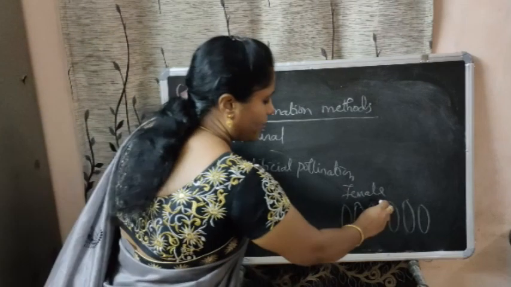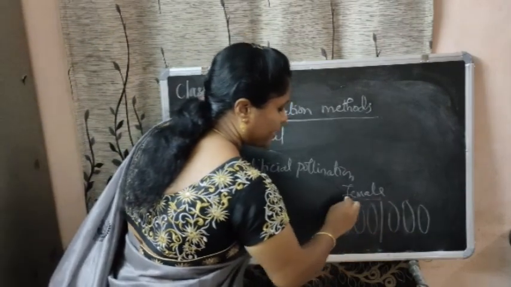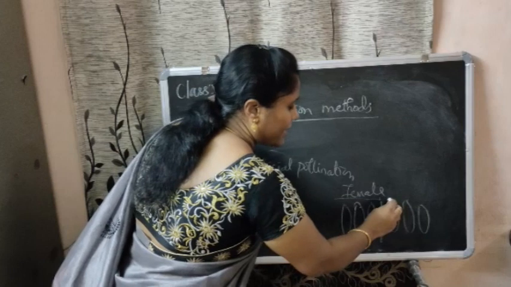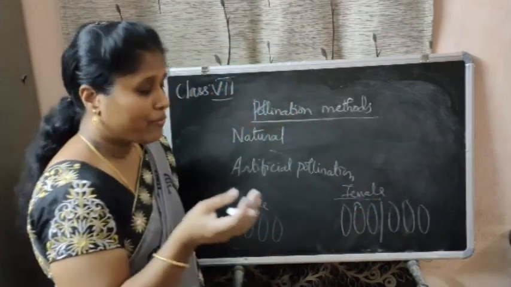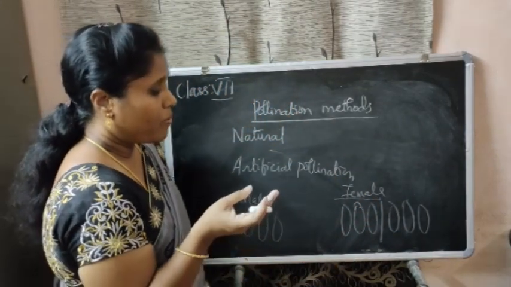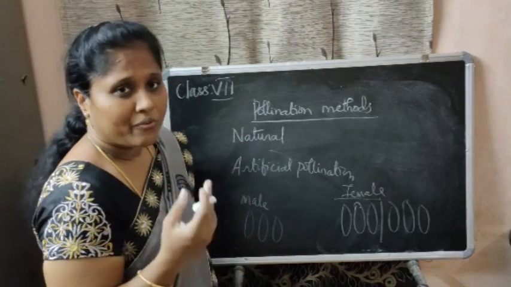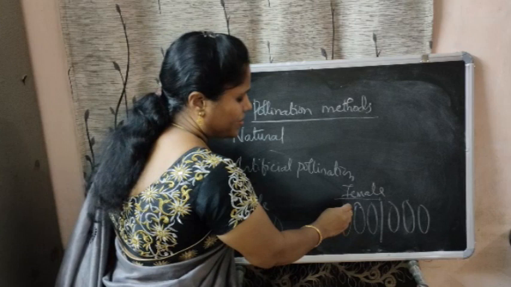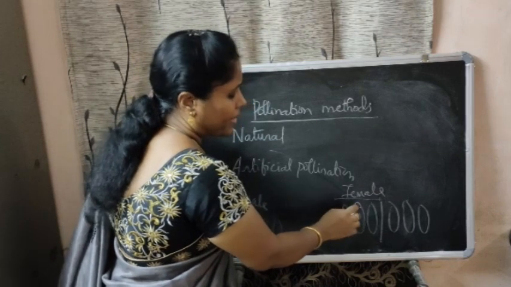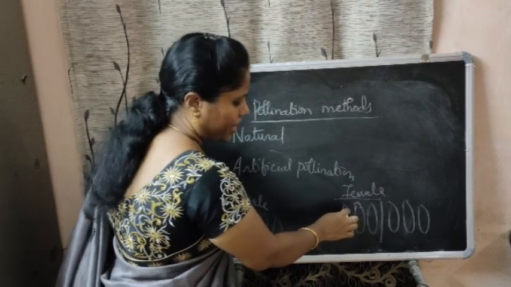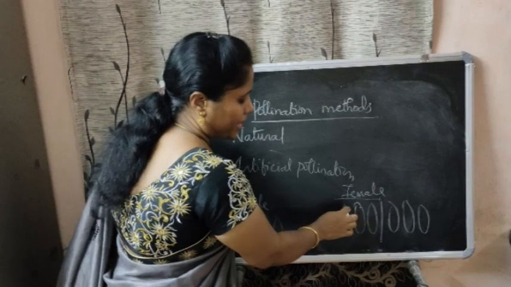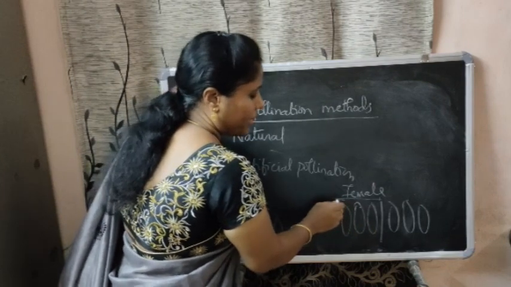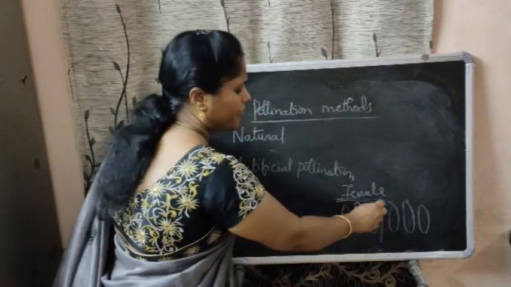For example, they will dust 3 female flowers, and then you can see which is formed into a fruit and which is not. When the female flowers are pollinated with pollen grains, they should be left for a few days.